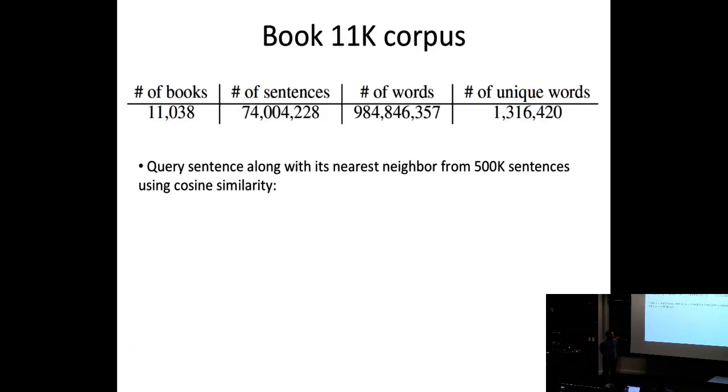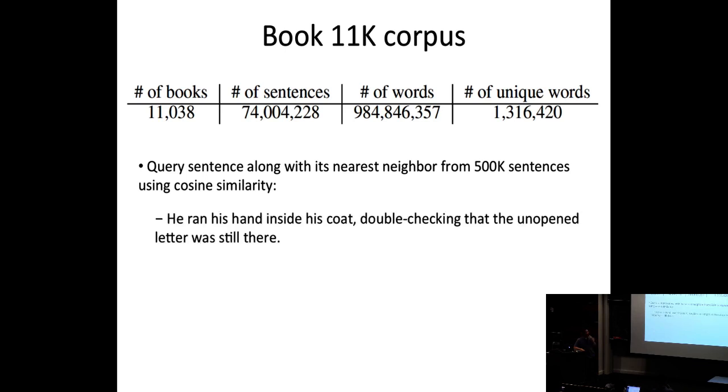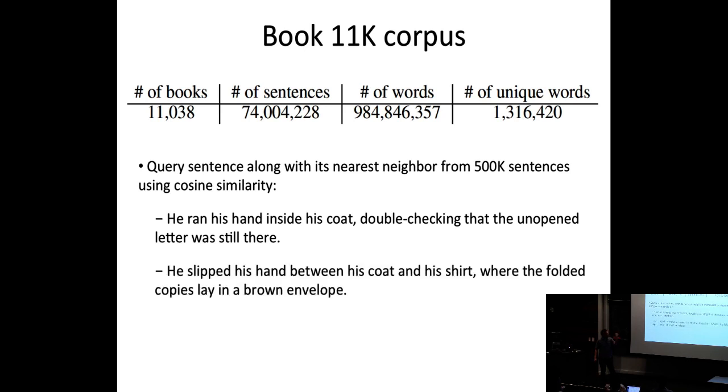So here are some results. If you train this model on 74 million sentences, about a million unique words, from 11,000 books, here's what you can do. Based on the representation of the sentences, I can take this sentence: "He ran his fingers inside his coat, double checking that the unopened letter was still there." You look for nearby sentences among 500,000 randomly selected sentences.